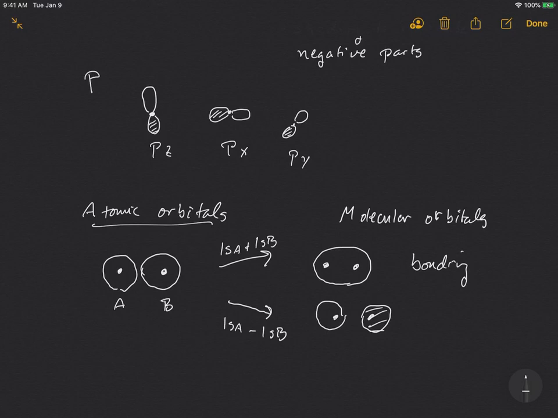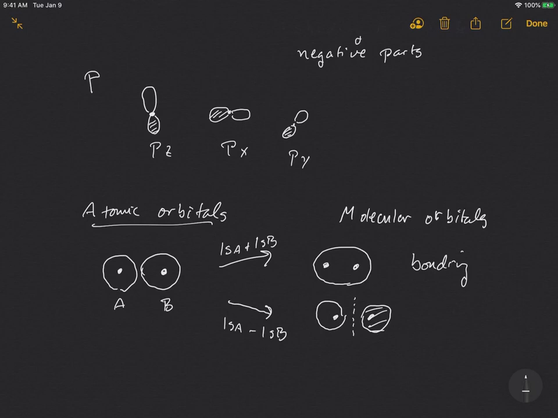In the case of the antibonding orbital, there's a sign change between A and B. Also, it looks like there's this nodal plane that I've indicated here with a dashed line, and it looks like the electron density is pushed away from the nodal plane.